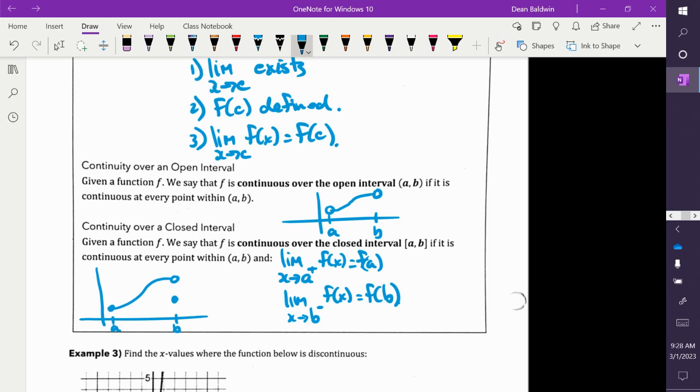All right, so for it to be continuous over the closed interval, it's got to be a solid dot there at the end, and it's got to equal the y value. So no floater points, I guess, if you want to say that. Okay. We okay?